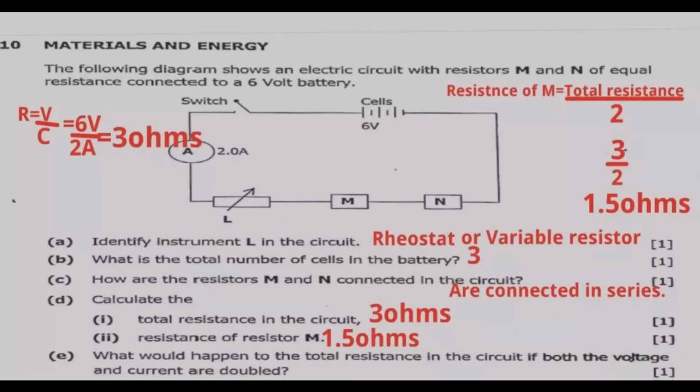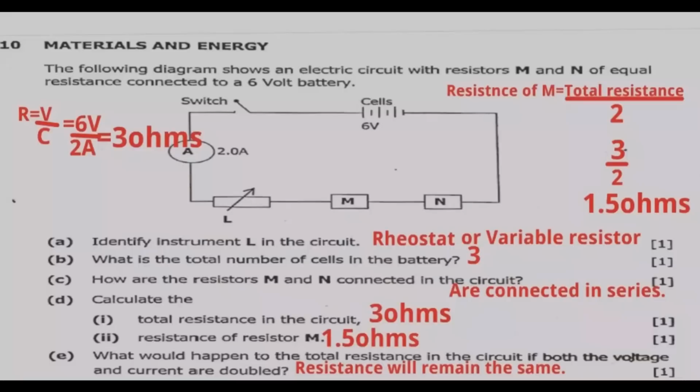Okay, we go to question number E. What would happen to the total resistance in the circuit if both the voltage and the current are doubled? The resistance will remain the same, since both voltage and current have been doubled.